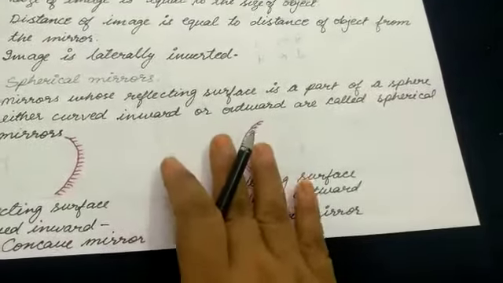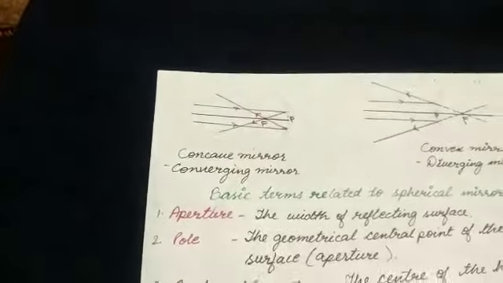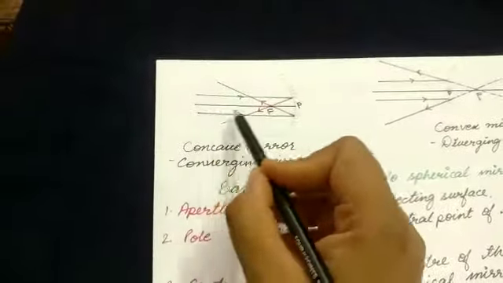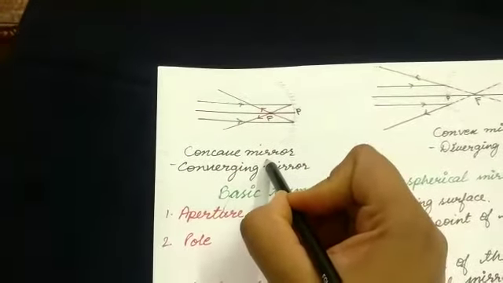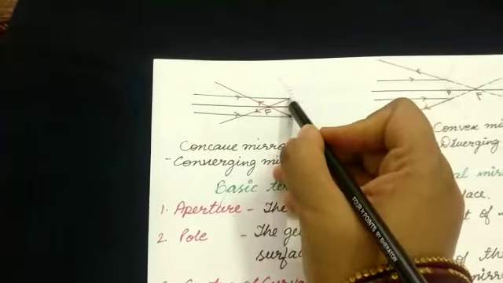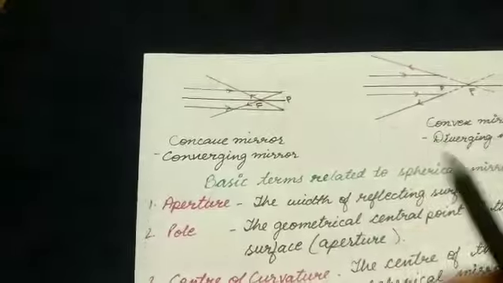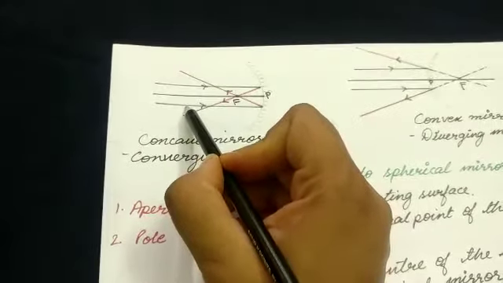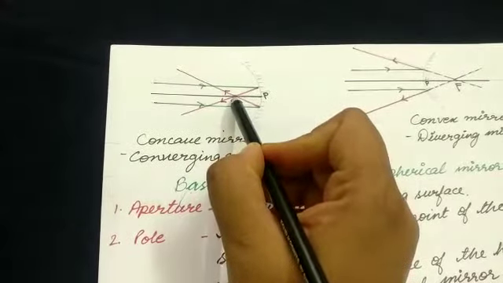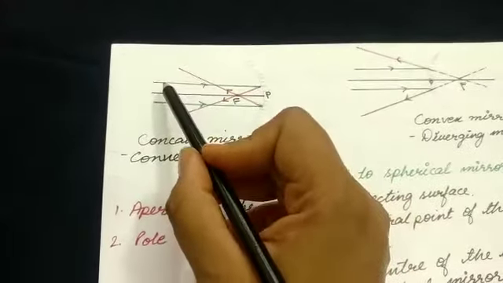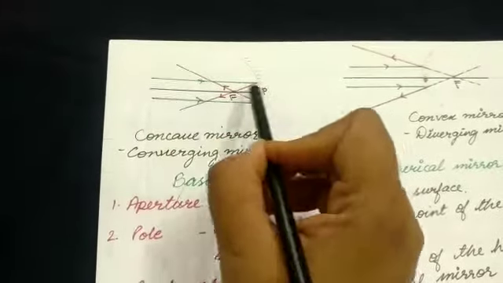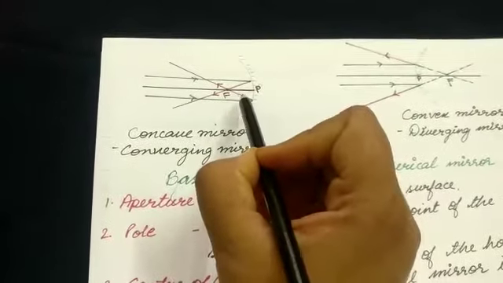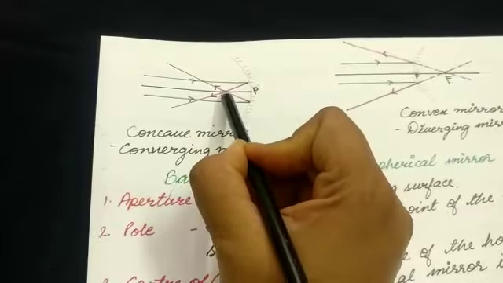So about these two mirrors we are going to study in detail now, how the images are going to form. See here, if a parallel light beam falls on the concave mirror, after the reflection, here I have shown all the incident rays with green color, and all the reflected rays by the red color. So if the parallel light beams fall on a concave mirror, they tend to meet at a common point after reflection.